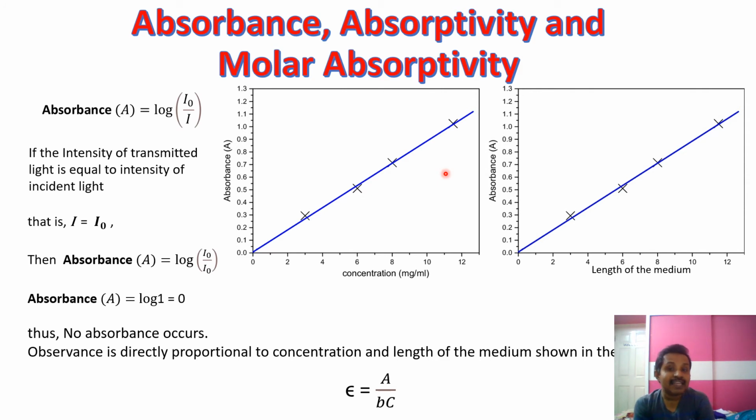Similarly, as the length of the medium is increasing, the maximum intensity of the incident light is absorbed. Then, less amount of intensity is observed in the transmitted light. Okay.